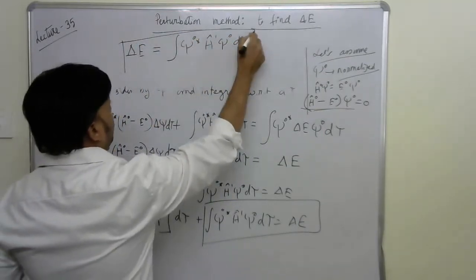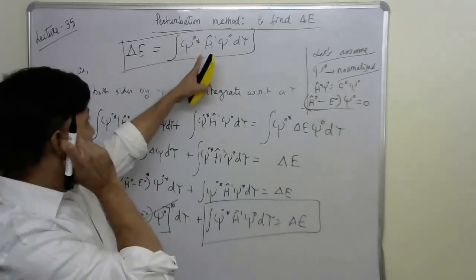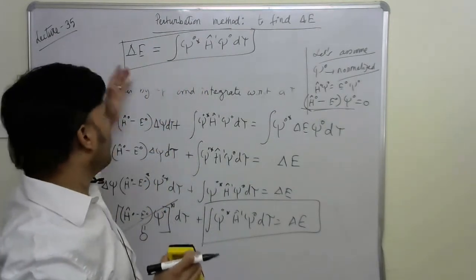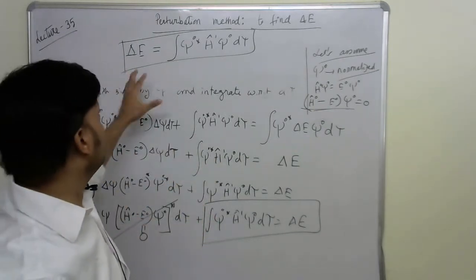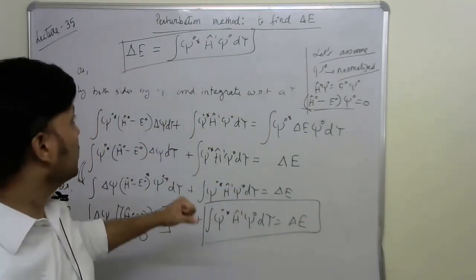If we manage to find this, we can find delta E, and from delta E we can find E. E is equal to E naught plus delta E. We can simply add it to the E naught.